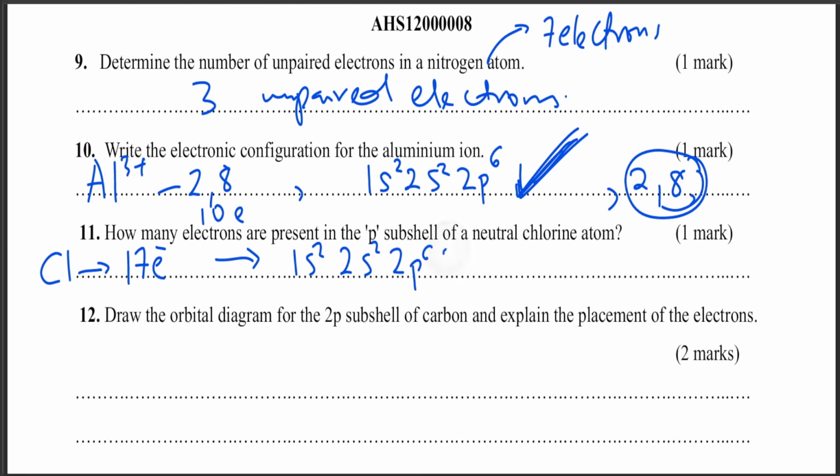Then 3s2, then 3p, you are left with 5, so 3p5. So how many electrons are in the p subshell of a neutral chlorine atom? The first p has 6, the second p has 5.